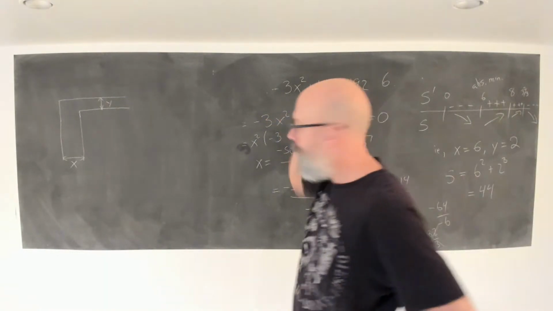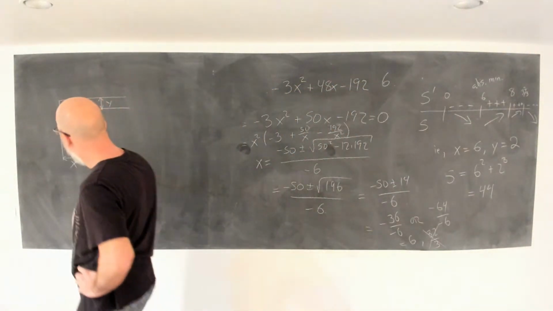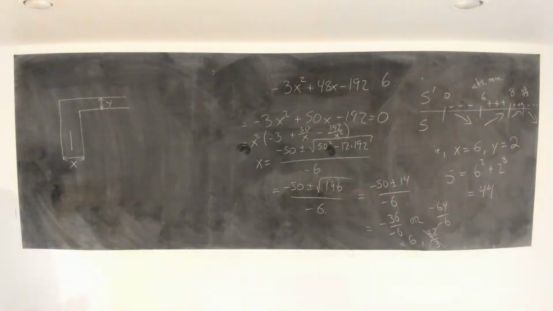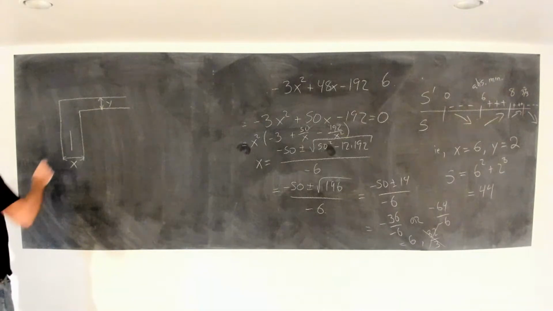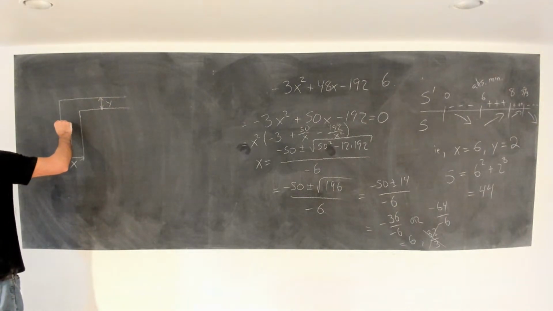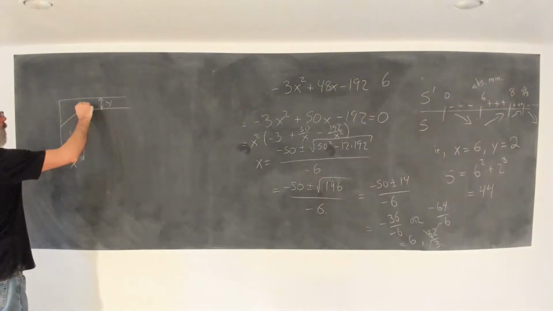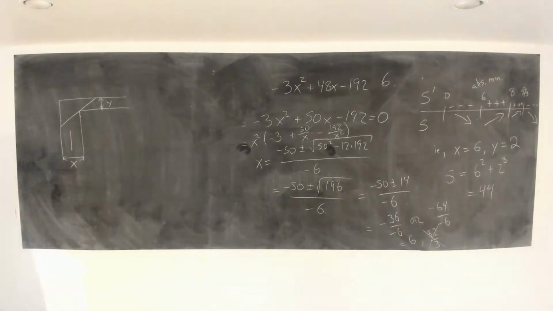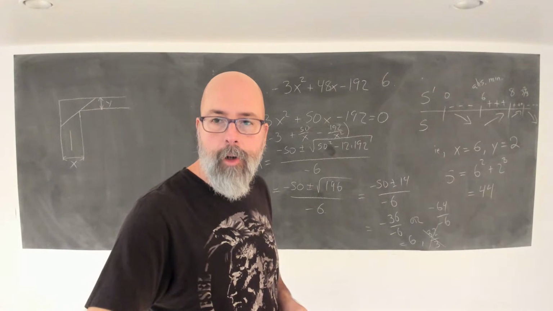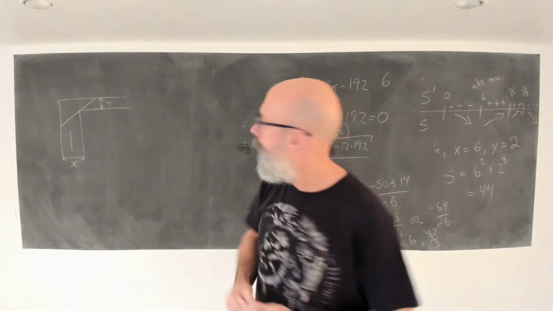So you're carrying a steel pipe, which is going to be represented by this. And you see the issue, right? When you get to the end, you have to make a turn. So how long, what is the length of the longest pipe that can be carried?